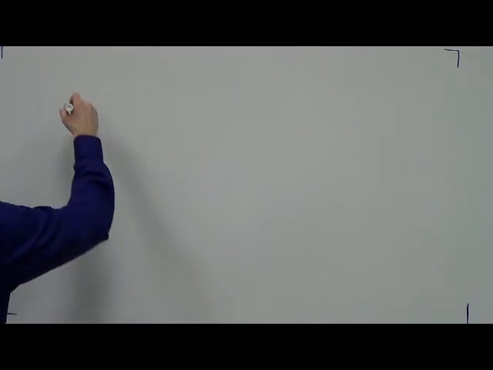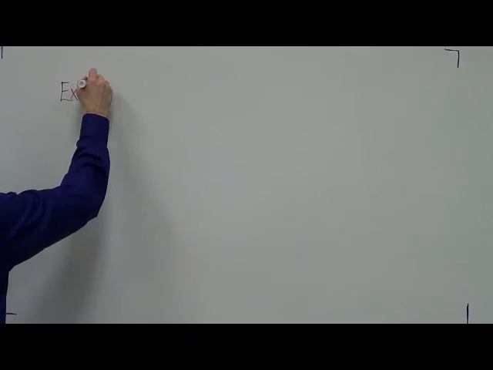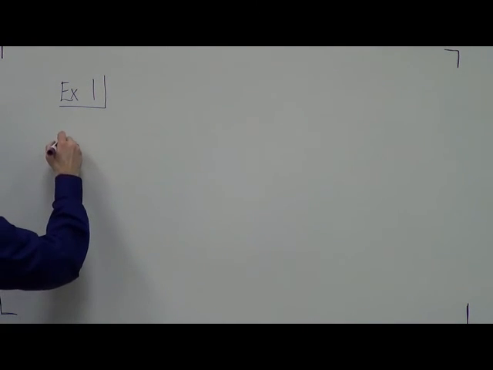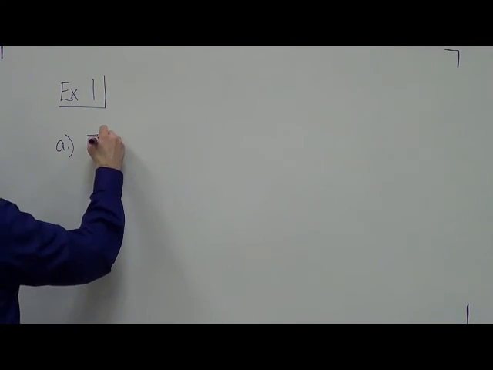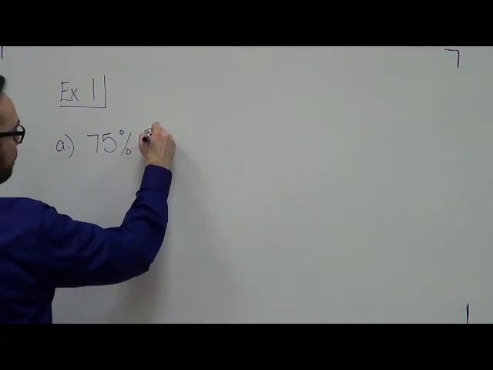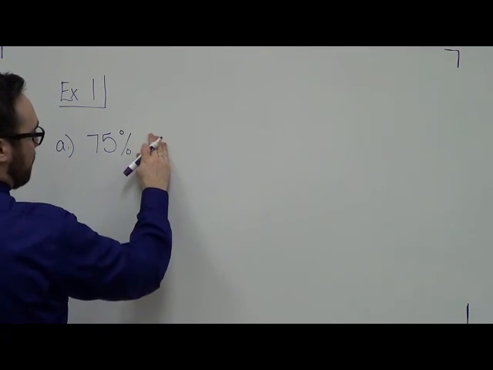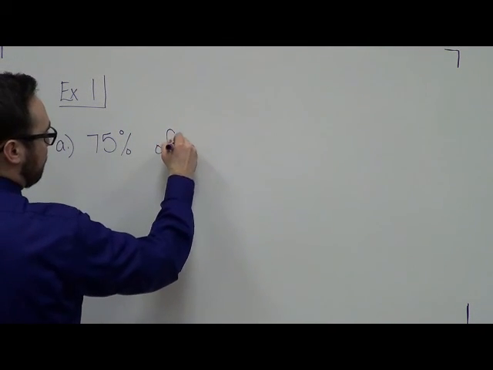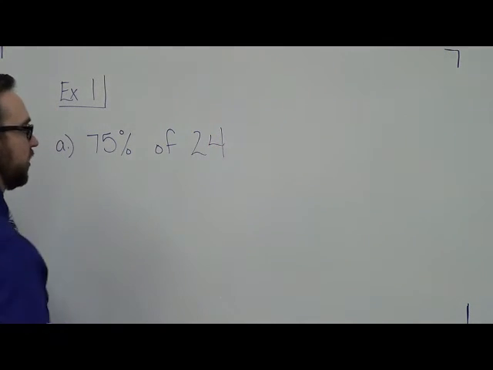So example number 1. They want us to find 75% of 24.